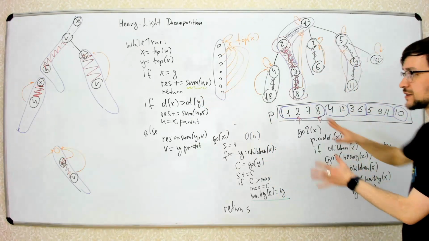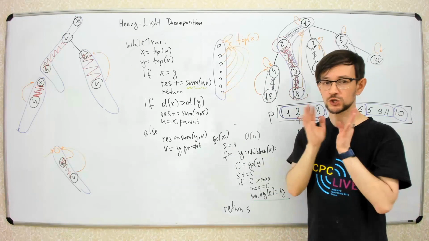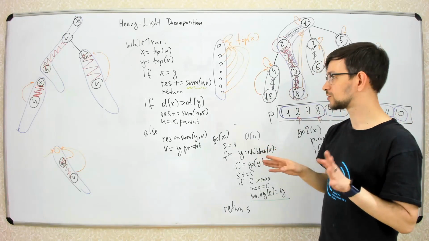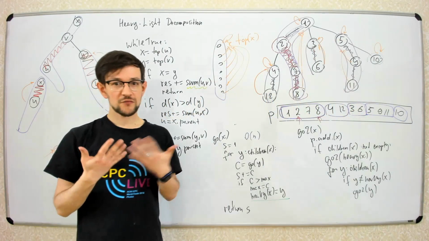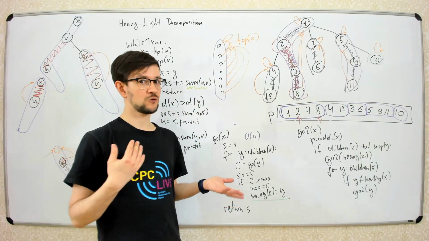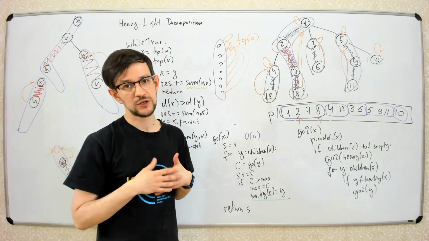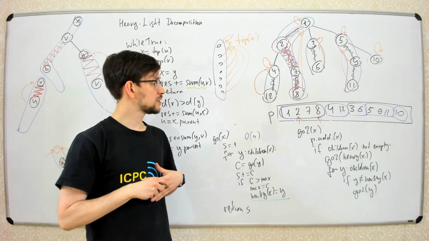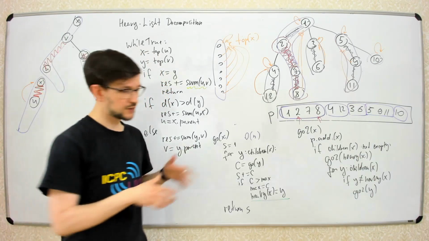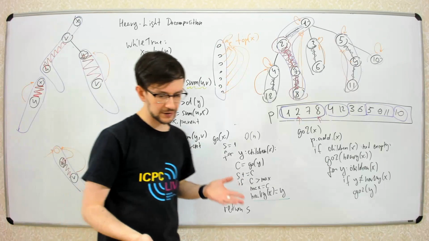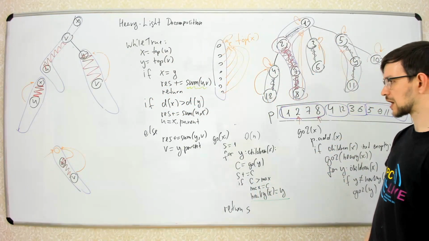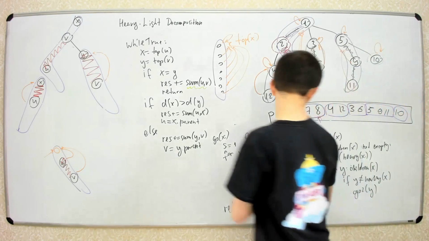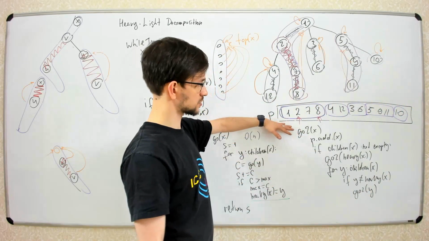So that's basically the whole code of the heavy light decomposition. It's not that scary. You should have a segment tree in your inventory, right? If you already have your segment tree, then that's basically the whole code you need to add. You need some code to split your tree into segments, and some code to make this sequence.